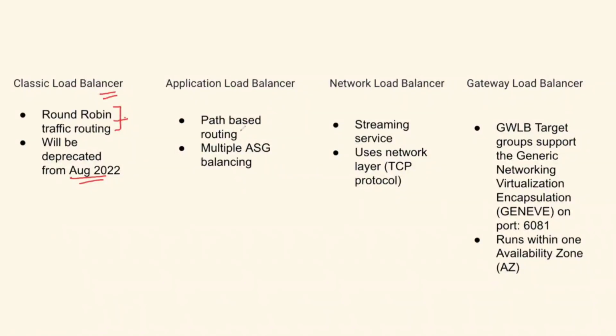next one, that is application load balancer. Application load balancer is the path-based load balancing. So it is designed to send traffic based on path. What do I mean? If you have path home, and if you have a path, let us say mobile, then this particular traffic will be going to an ASG where the home page code is installed.